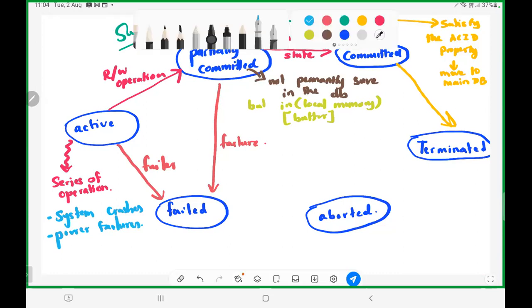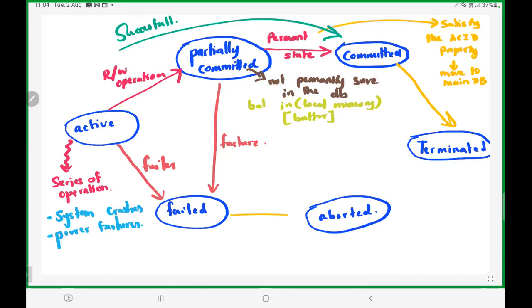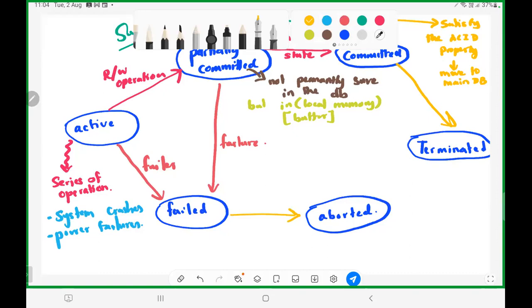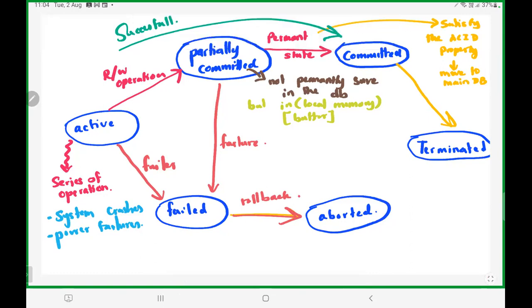If it is failed, they should roll back. Rollback means clear the buffer. Rollback means going backwards, which we call undo.